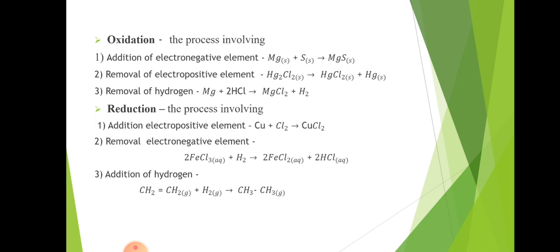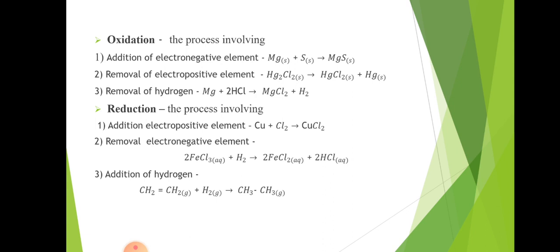In this reaction, hydrogen chloride is an acid, and in this HCl, the hydrogen is removed, forming magnesium chloride and hydrogen. Now these are the three different definitions of oxidation.